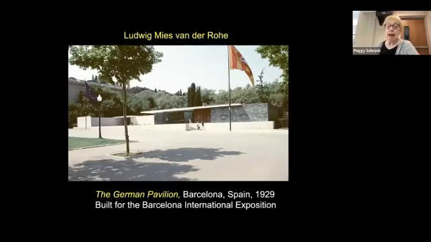Let me explain that. In Barcelona, Spain, they held what was called an international exposition. And I haven't had time to really talk about this, and we didn't even have time to cover it. But throughout the 19th century, there were these things we call world fairs, and they were generally expositions of some kind. By the mid-19th century, they were starting to become international.